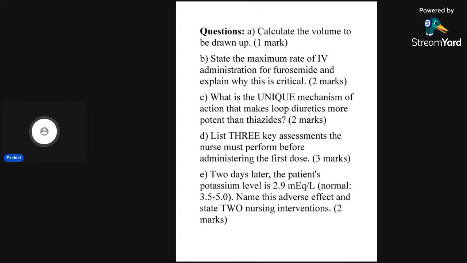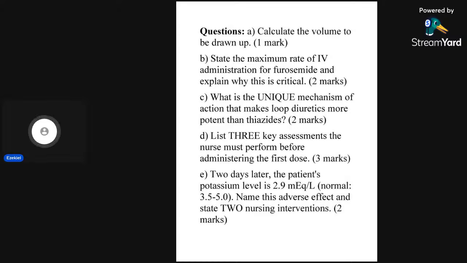So when you're administering furosemide, it can cause a severe side effect known as ototoxicity, which is hearing loss. If it's administered too fast, that is what causes the ototoxicity.